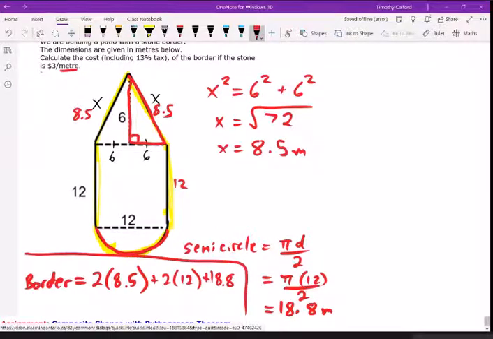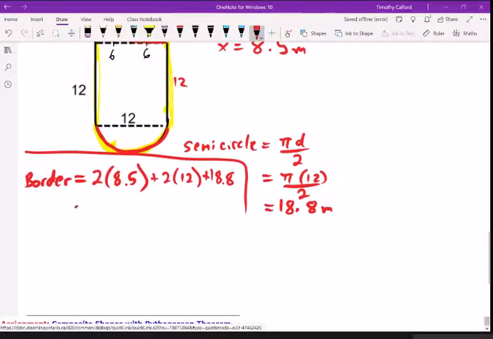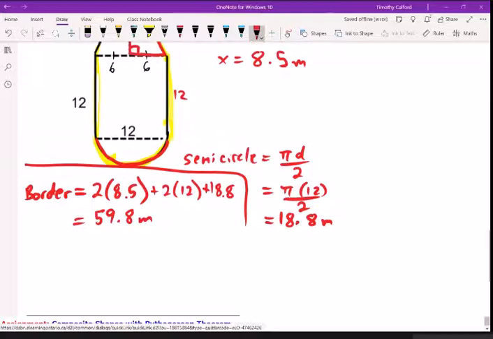So just close that off. So we can get the total number of meters going around this patio. So we get about 59.8 meters. Now that's not the full question yet.